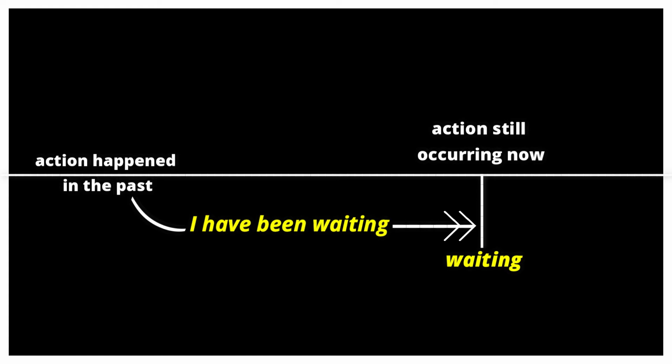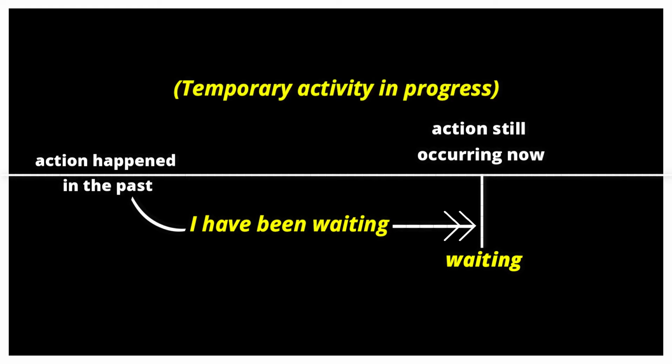And the way that you can really tell to use the present perfect progressive is if it's for a temporary activity. In this case, he's waiting for the train. Okay, he's describing a temporary activity that's happening now that happened in the past and is still occurring now. Okay?